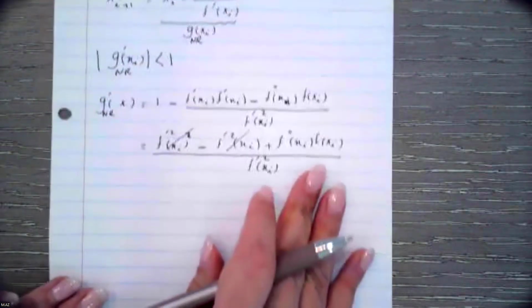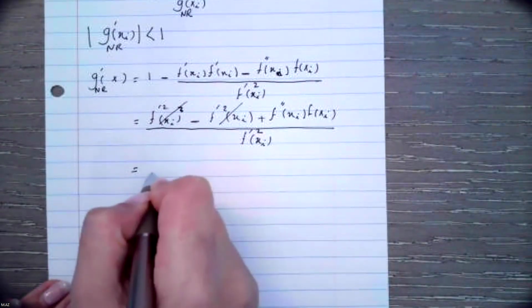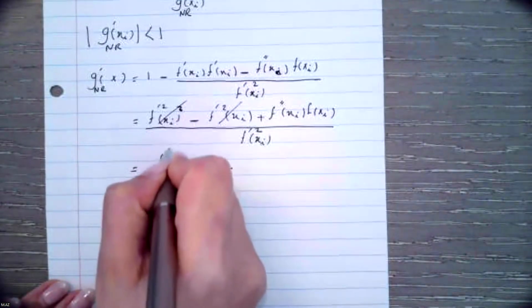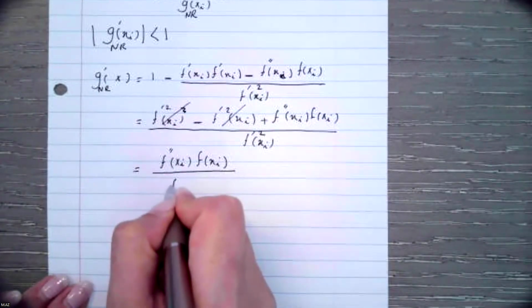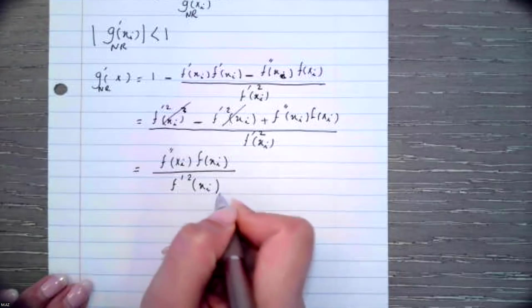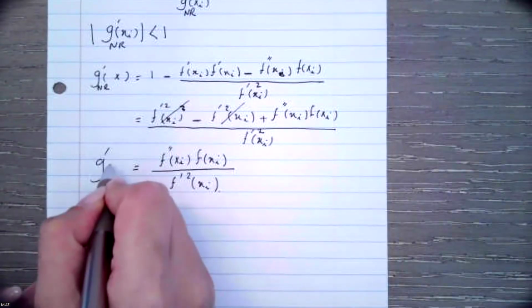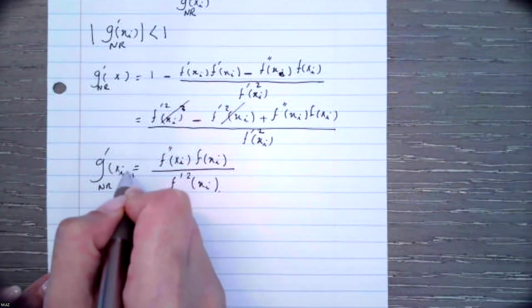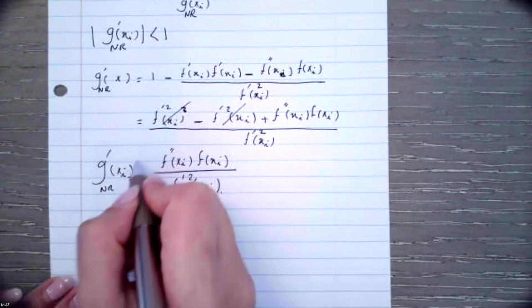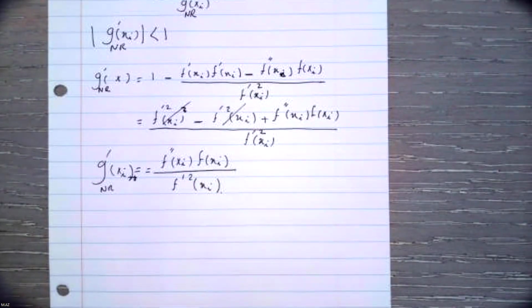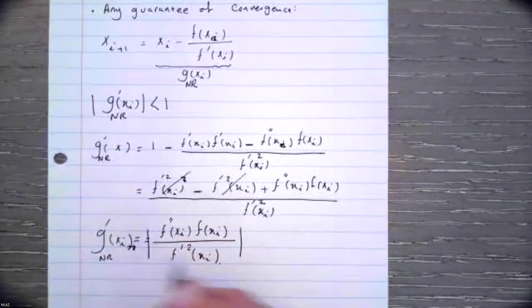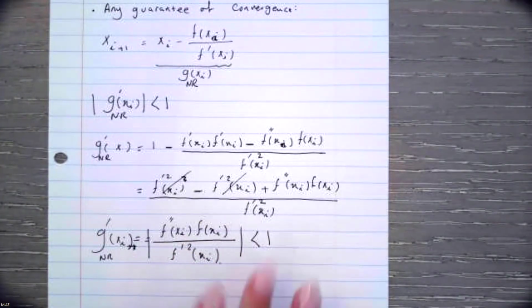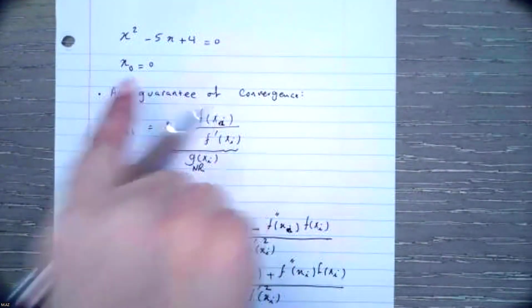This term will be removed, and the answer will be f double prime of xi times f of xi, over f prime of xi squared. This is g prime for the Newton-Raphson method. It means that for applying the fixed point theorem to the Newton-Raphson method, this g prime should be less than 1.